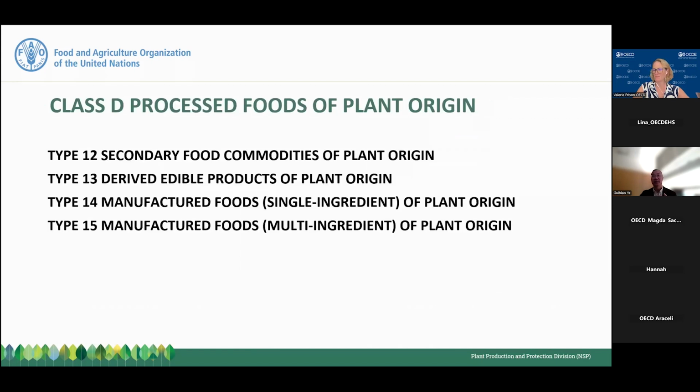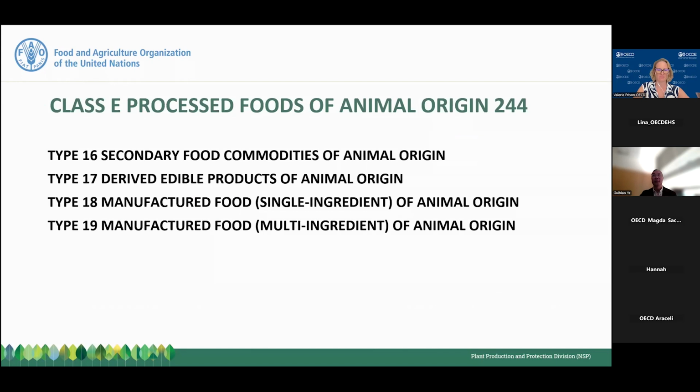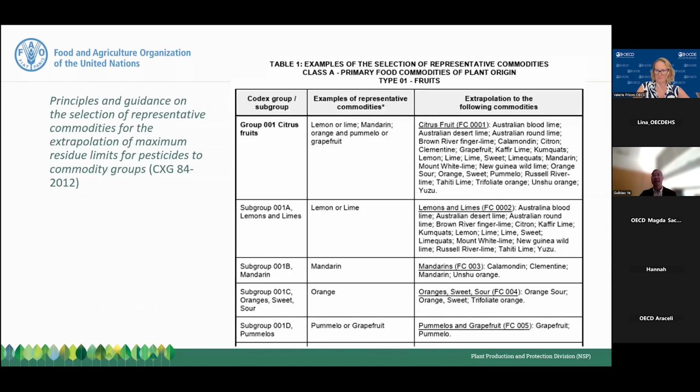Then there is the classification for processed food of plant origin and processed food of animal origin. For us, it's most important that there is a principle and guidance on selection of a representative commodity for the extrapolation of maximum residue limits for the commodity group.